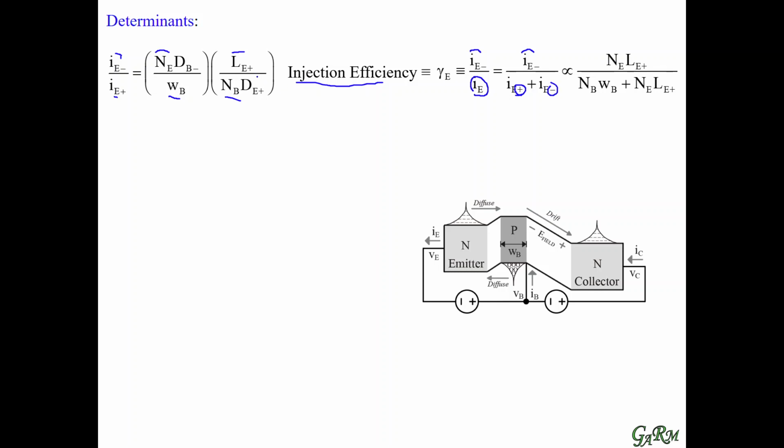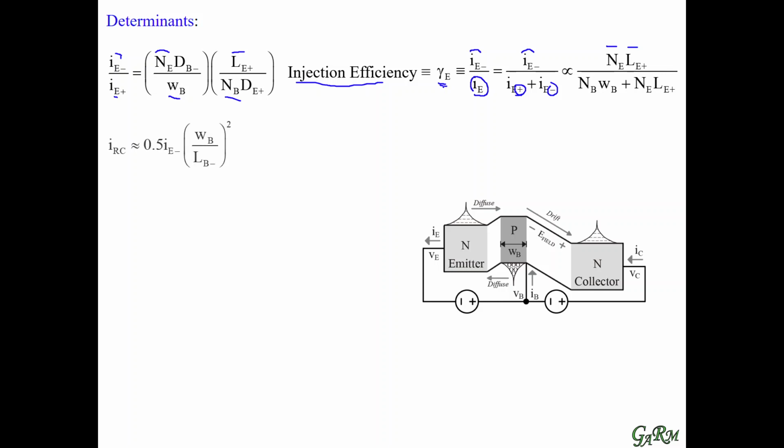And from what we saw in the previous expression, it is a function of the doping concentrations and diffusion distances. And we know that we can make the doping concentrations 10 times in our favor and diffusion distances 10 times in our favor. So again, we can get an injection efficiency that can be on the order of 99%.